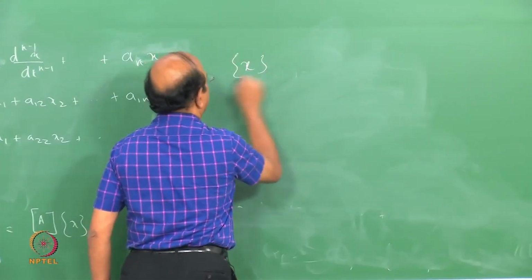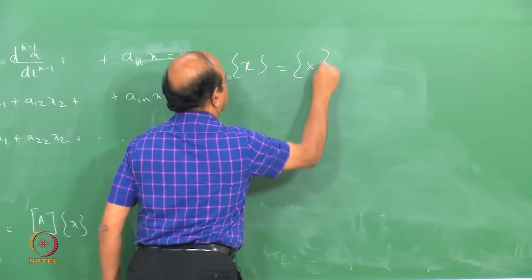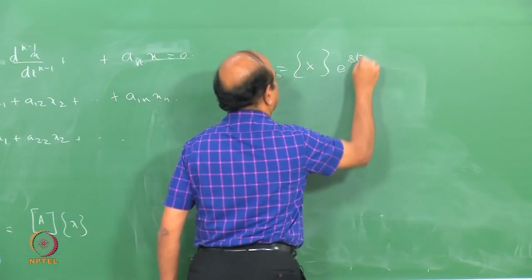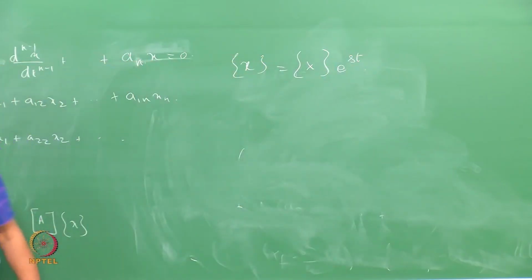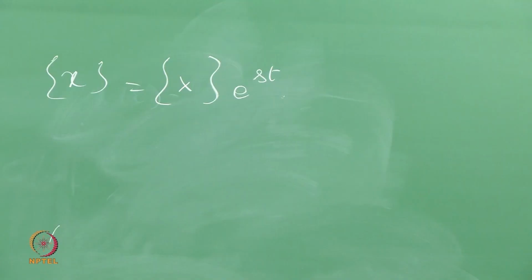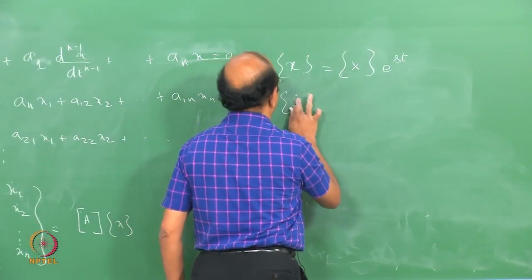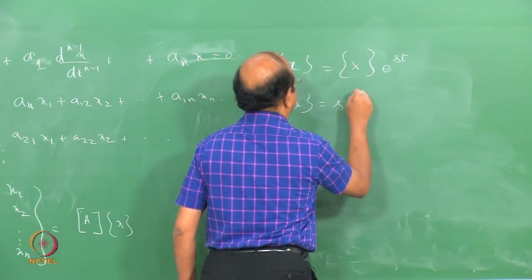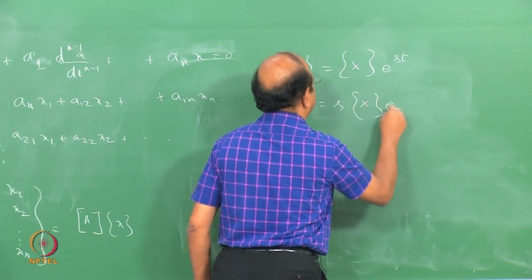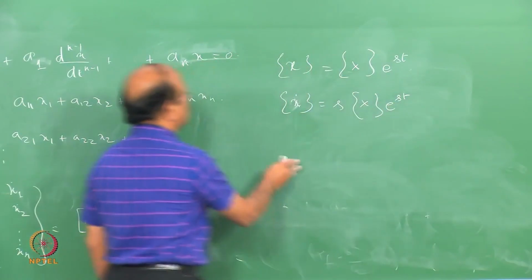Instead of x, I'll write that as X e^(st). So that x dot now becomes sX e^(st).